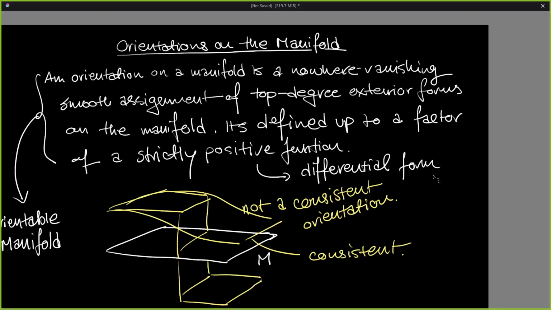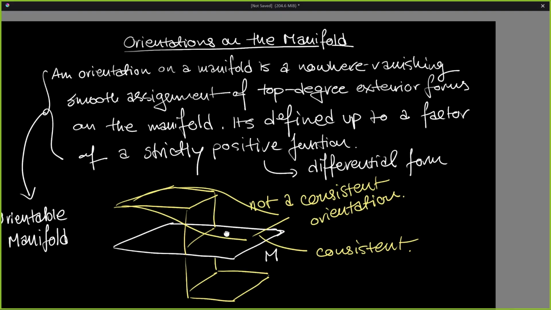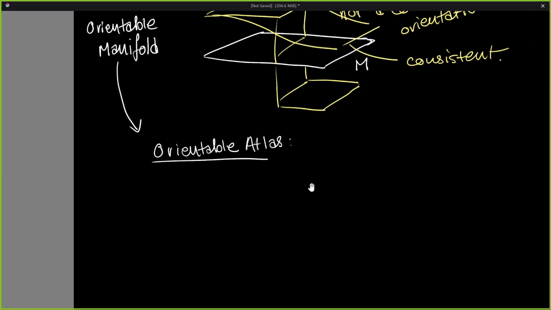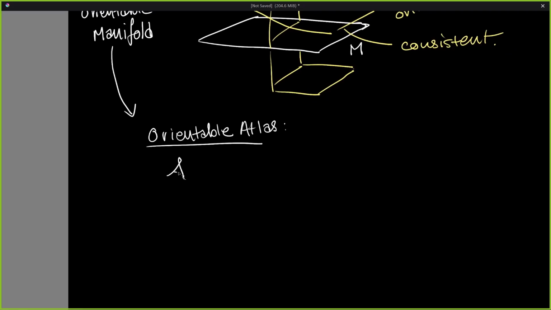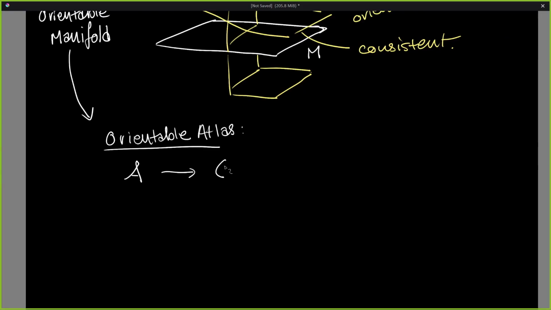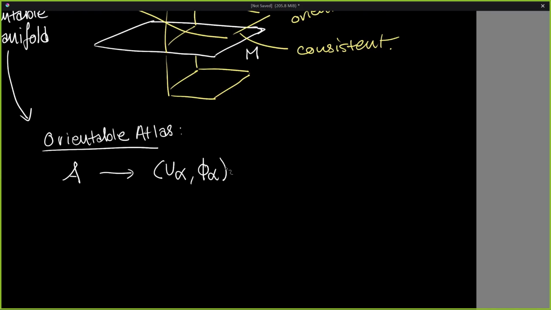Right? So far we've been dealing with exterior forms. Now we're taking a section of the exterior bundle. So now we have a differential form. And so the other way to think about orientable manifolds is that they have an orientable atlas. Let's say that we have an atlas A, and let's say that we have two local charts on it, U alpha, phi alpha, and U beta, phi beta.